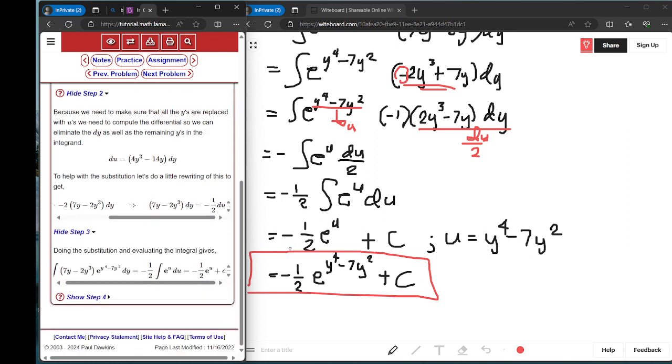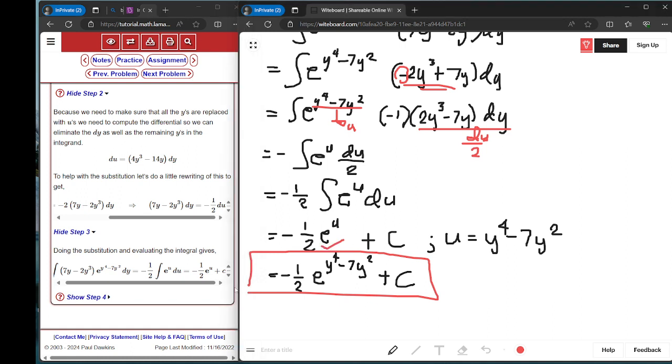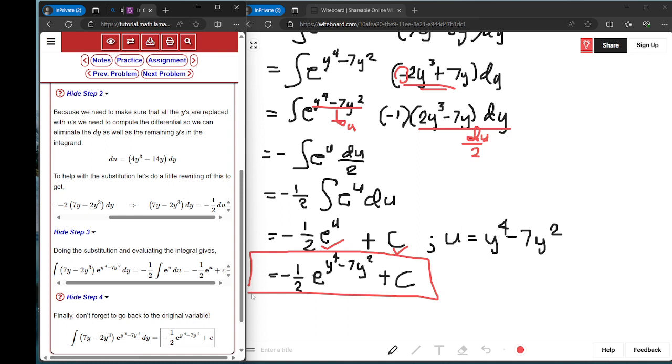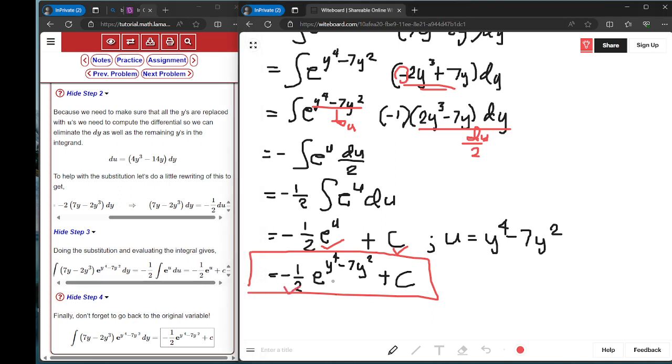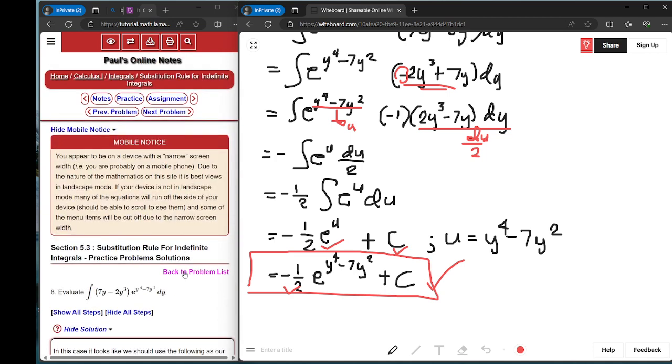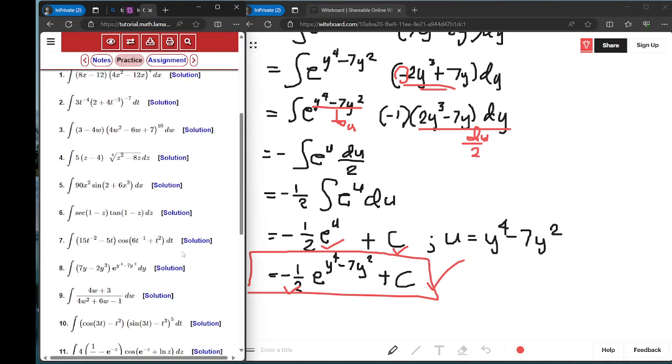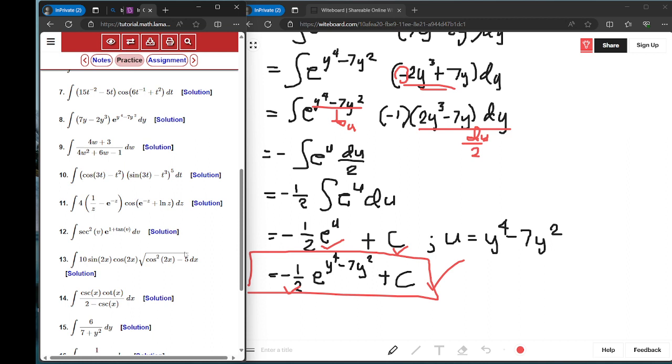We have here negative 1 half e to the u plus c, and substitute back the value of our u. So that's negative 1 half e to the y to the fourth minus 7y squared plus c. And our solution is correct. Let's go back to the problem list.